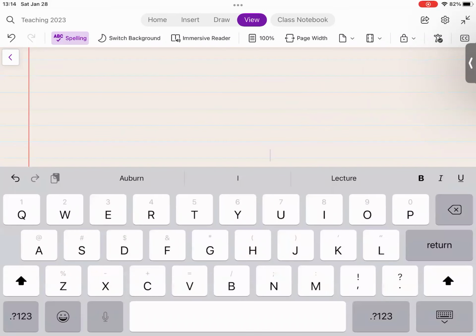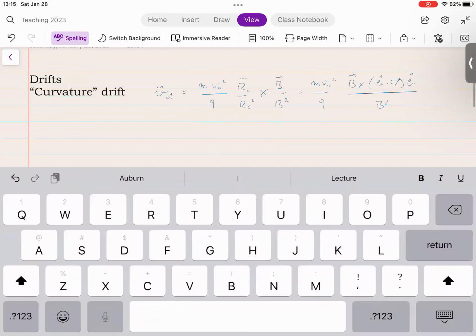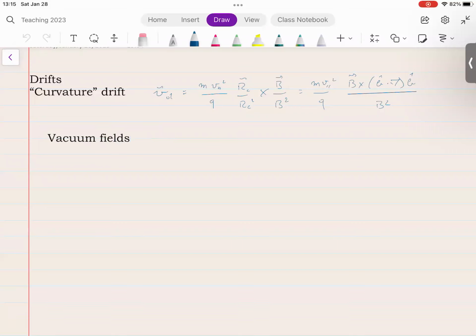Back to our drifts. I'm going to look now at vacuum fields and make a little bit of algebra.